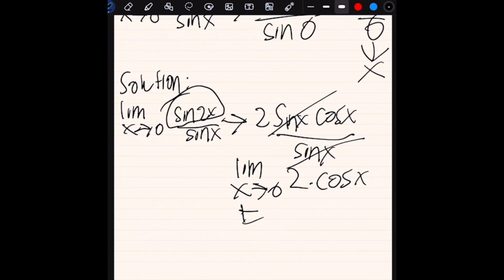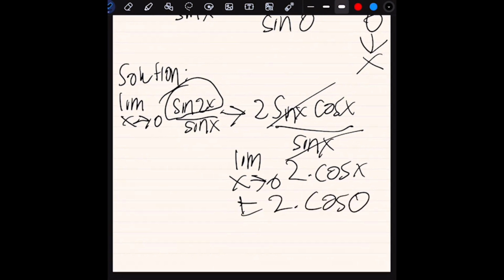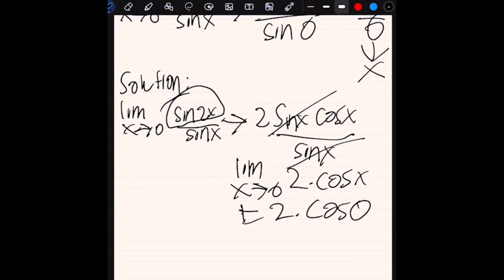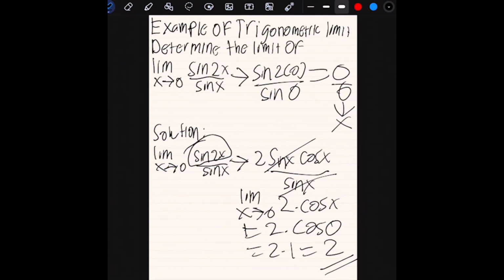So 2 times cos 0, and because cos 0 is 1, we get 2 times 1, and the answer is 2. And that is the solution of determining the limit as x goes toward 0 of sin 2x over sin x.